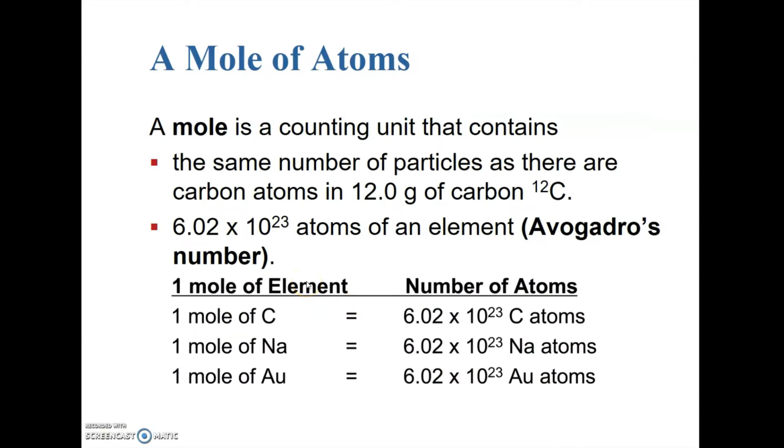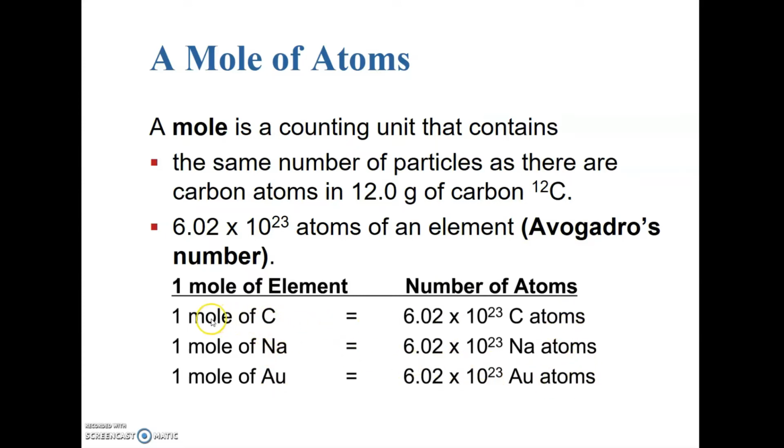A mole of any substance contains 6.02 times 10 to the power of 23 elementary particles of that substance, and 6.02 times 10 to the power of 23 is known as Avogadro's number. Here we are looking at 3 different elements, and elementary particles of the elements are atoms.